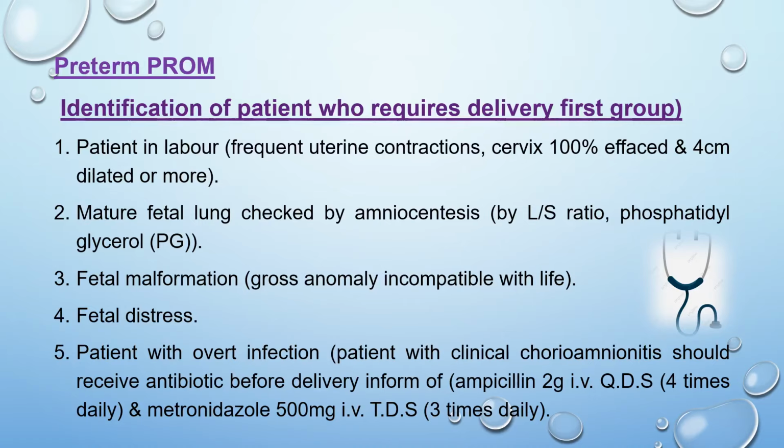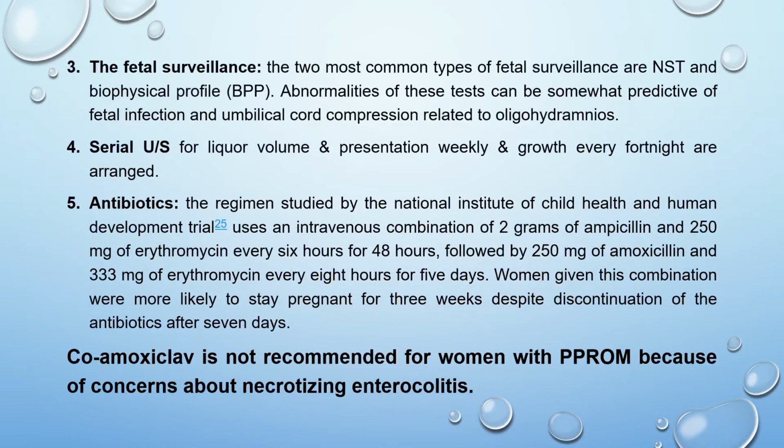Maternal surveillance. All women with a premature rupture of membrane preterm should be monitored for signs and symptoms of infection by 4-hour measurement of maternal blood pressure, heart rate, respiratory rate, and temperature. يعني أنا أقيس لها الفيتال ساينز كل 4 ساعات. Weekly نسوي maternal white cell count, C-reactive protein assay, and lower genital tract swab culture are routinely taken, all in an effort to detect intrauterine infection or chorioamnionitis. والفيتال surveillance اللي هو شنو؟ The two most common types of fetal surveillance هو non-stress test and the biophysical profile.